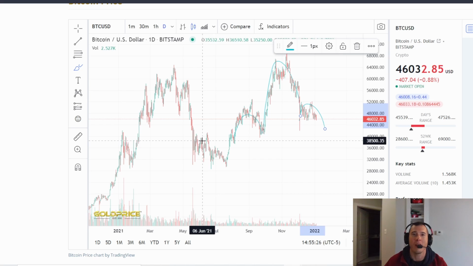I don't actually know if that's true, technically speaking, for the percentage. I'm sure it has a definition to it, but I just see them play out a lot, and maybe that's just because they're one of the easier formations to spot too.